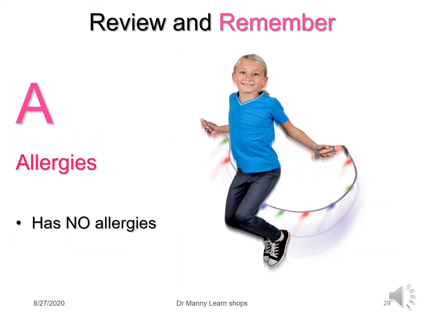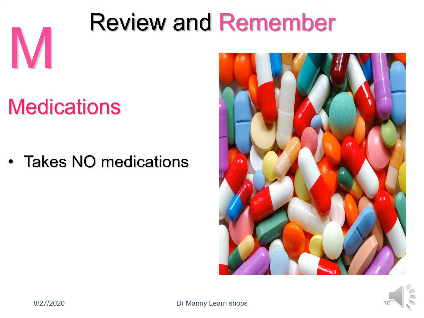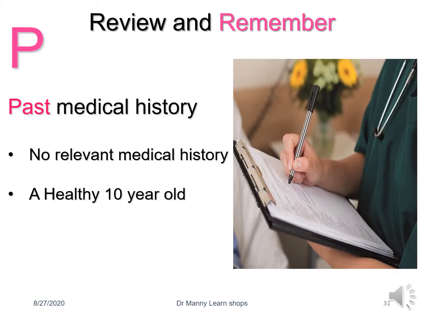Does she have any allergies? None that you're aware of. Is she on any medications? None that you're aware of. What's her past medical history? Well, there isn't any past medical history that is relevant. She's always been a healthy kid, and now she's a healthy 10-year-old kid.